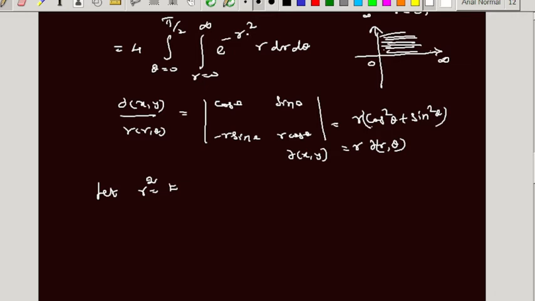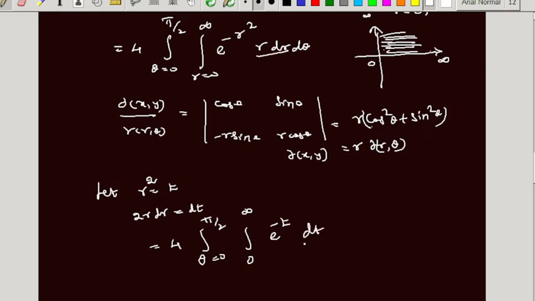Here we consider let r square equal to t. If we differentiate this, we get 2r dr equal to dt. So we substitute this. The limit remains the same. E power minus r square becomes e power minus t, and r dr is nothing but dt by 2, into d theta.